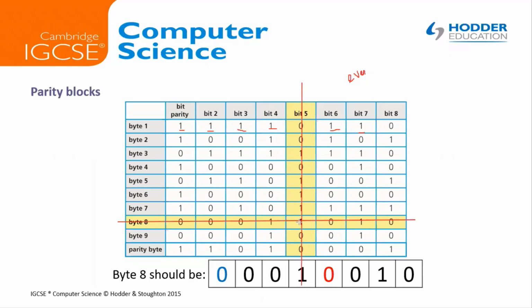You're going to have a point of intersection, and you're going to say this is supposed to be not 1 but 0. So this is longitudinal parity checking. Sometimes we do have questions, and it's very important that we practice questions for this part.